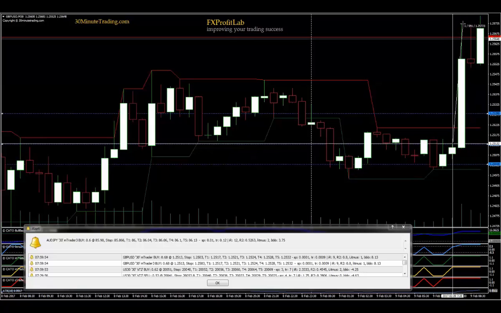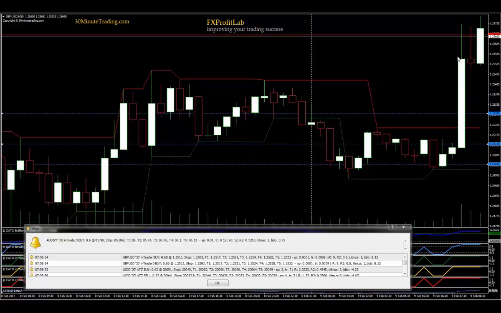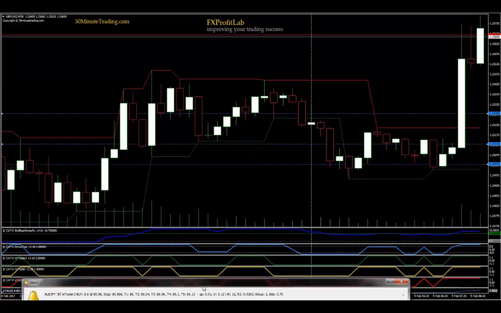Then it would have retraced back down to there somewhere, and allowing for the bid offer spread, made you about 48 pips or something like that. So that's basically what I would have been doing trading this particular asset, pound dollar.